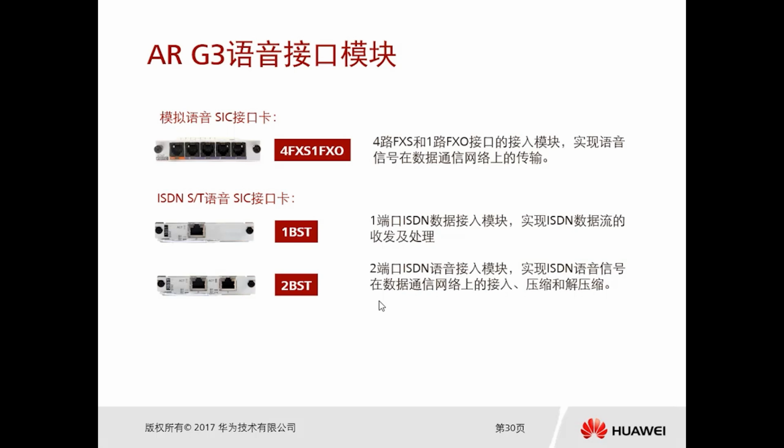It implements the signaling, handling compression and decompression of the data on the communication network. So this 2BST is an interface module for AR router ISDN services, providing the dual ISDN user interface that we just mentioned for the two routes. This is what we call the ST port. It undertakes ISDN services. Now we have discussed the interface modules.